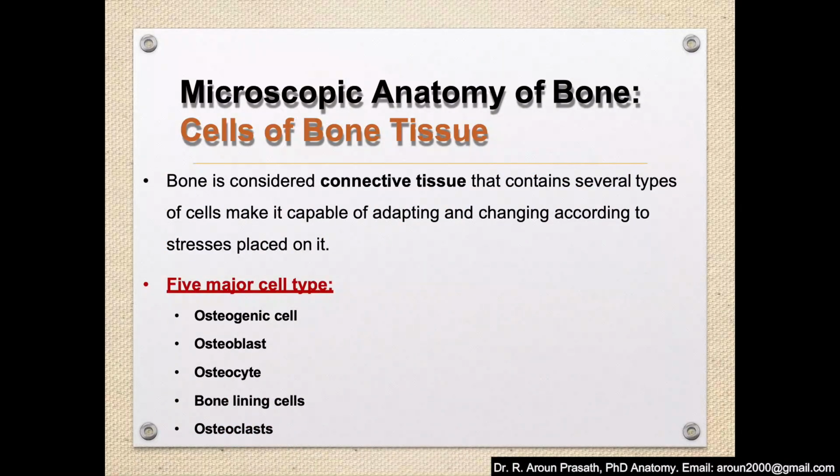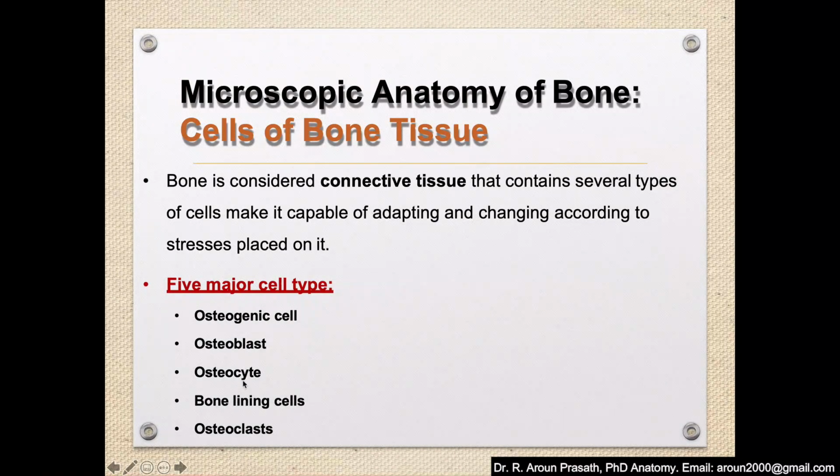Then coming to the microscopic anatomy of the bone. You have to know there are five different types of cells in bone. Sorry, only one cell, that is osteocytes. How are these osteocytes formed? They are formed from the osteoblasts, and these are surrounded by bone lining cells.